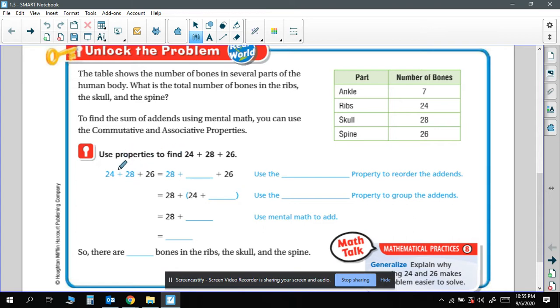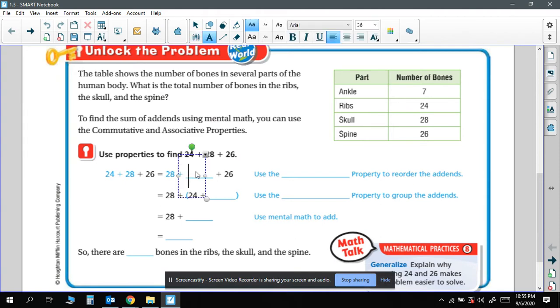So let's take a look. On this side, we have 24 plus 28 plus 26. Okay, now what they're saying is we have 28 plus blank plus 26. So which number are we missing there? We're missing the 24. So let's put that 24 in there. All right. So what did we do?